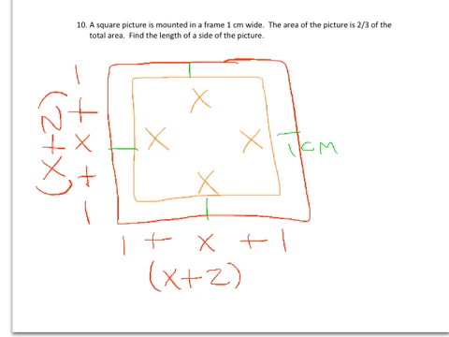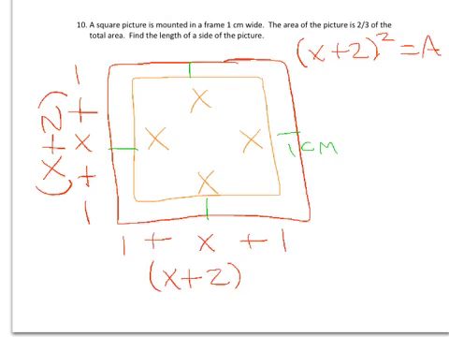So now we have to talk about area, because this whole question is, what is area doing? Well, I know that the area of the entire frame is going to be x plus 2 squared. That's going to be the area of the entire frame. The area of the picture, though, is 2/3 of the whole area of the frame.